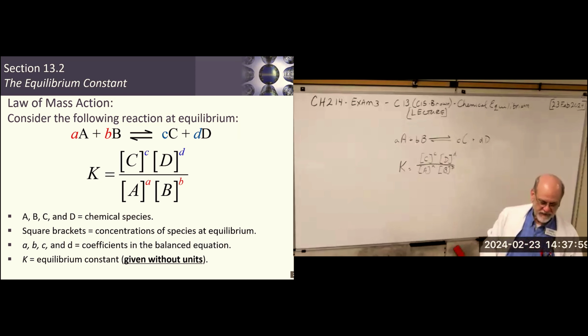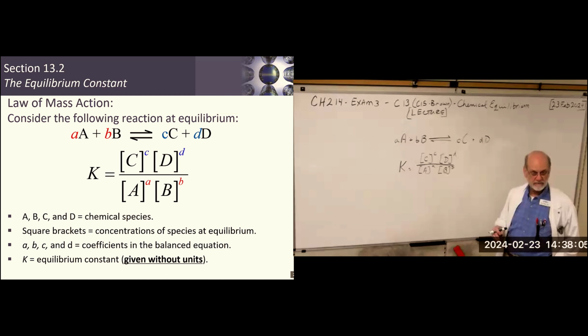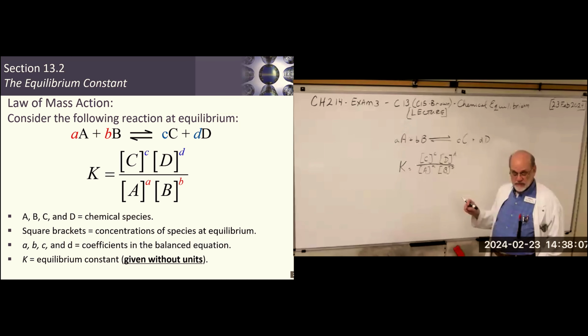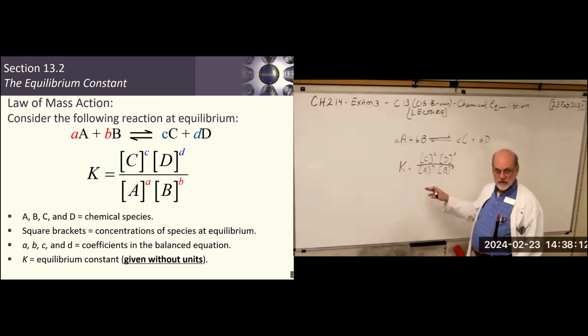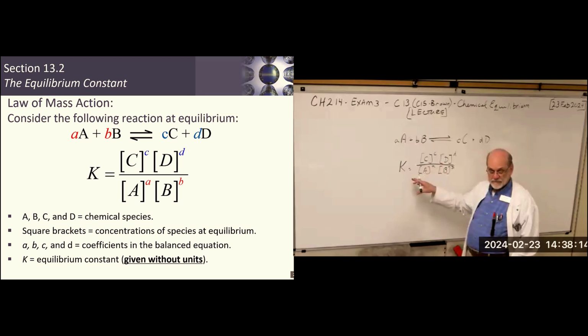So to simplify things and avoid confusion, we don't give the units for an equilibrium constant. What we do say is what are the concentration units that were used to calculate the K.